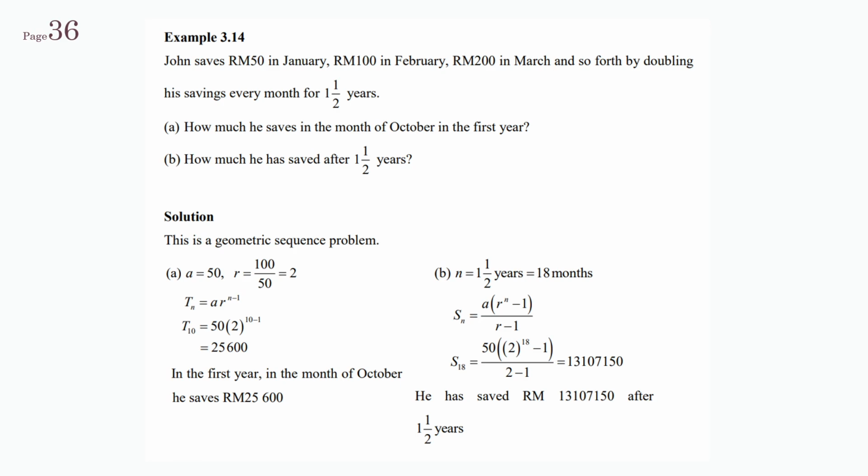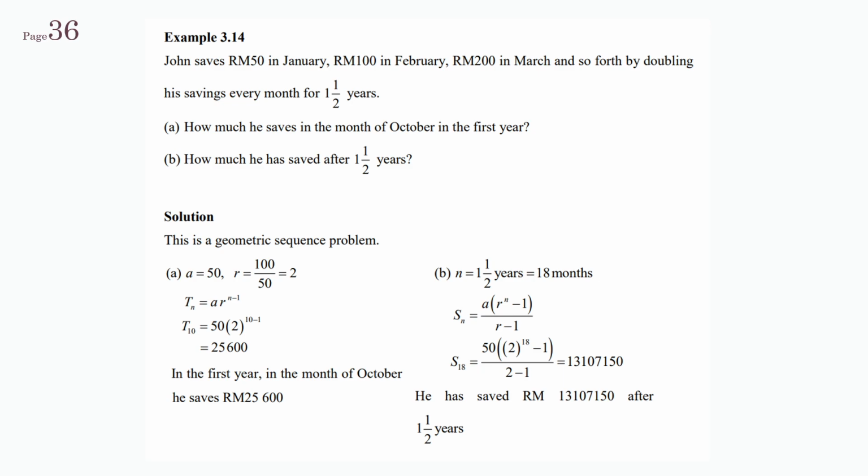Example 3.14. John saved 50 in January, 100 in February, 200 in March, and so forth by doubling his saving every month for 1.5 years. 1.5 years is already 18 months.